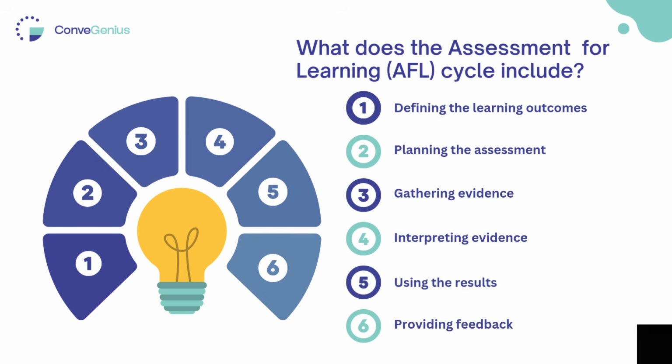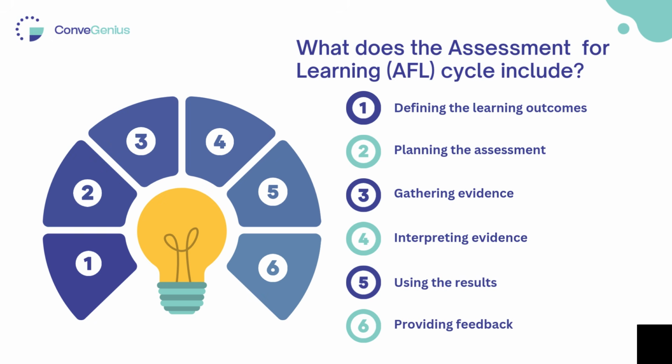Now let's take a closer look at the assessment for learning cycle, the process that helps us use assessment meaningfully to support students' growth. The cycle begins with defining clear learning outcomes, knowing exactly what we want students to learn. Once the outcomes are clear, we move to planning the assessment, deciding how we will check understanding along the way.